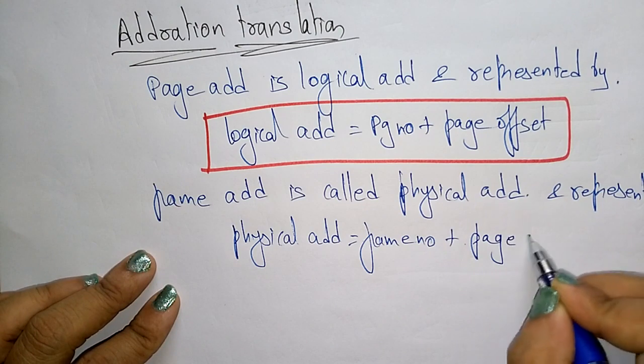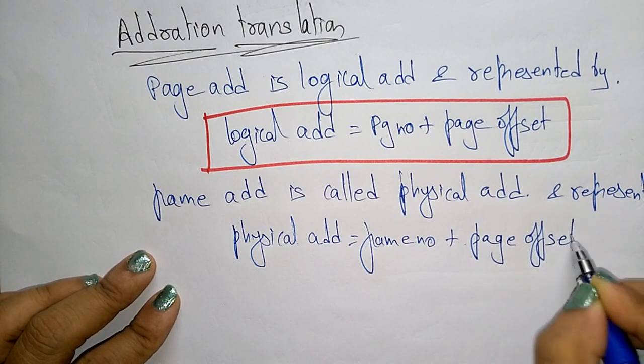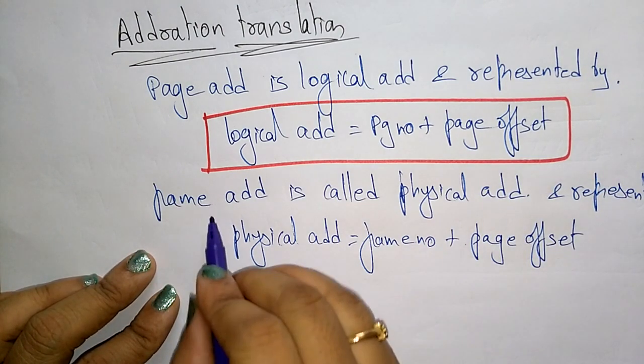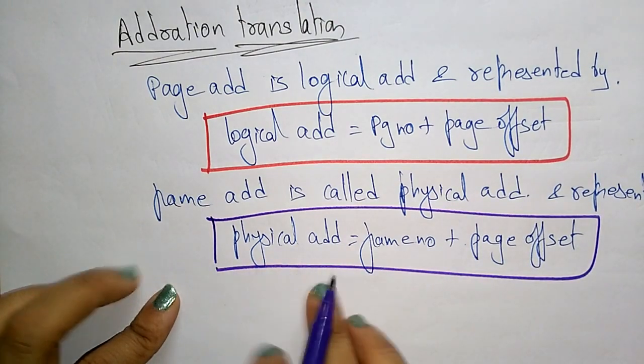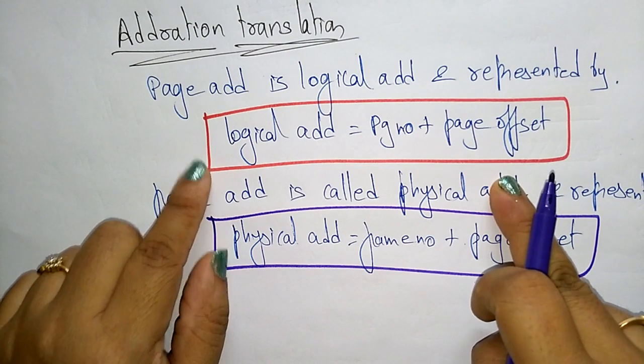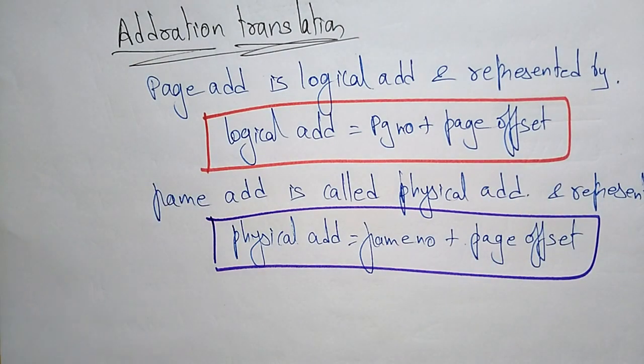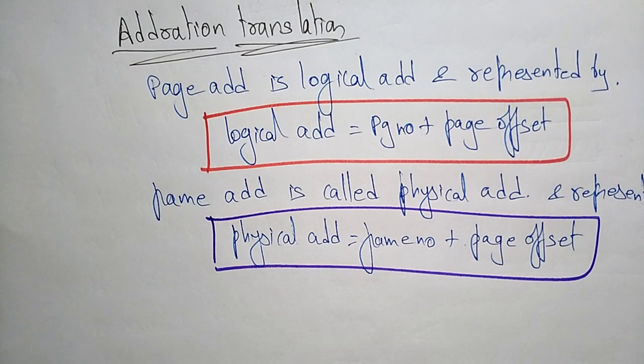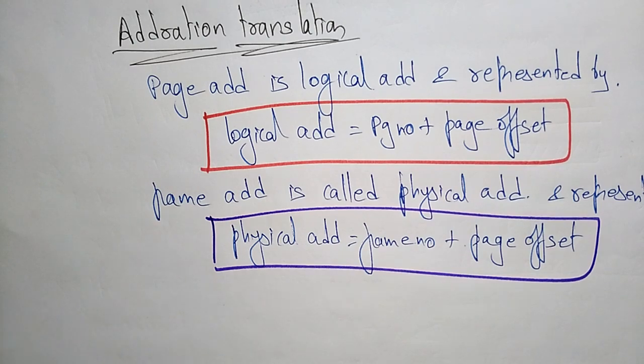Here it is not the frame offset, it is the page offset. So physical address equals frame number plus page offset, and logical address equals page number plus page offset. A data structure called the page map table is used to keep track of the relation between a page of a process and a frame in physical memory.